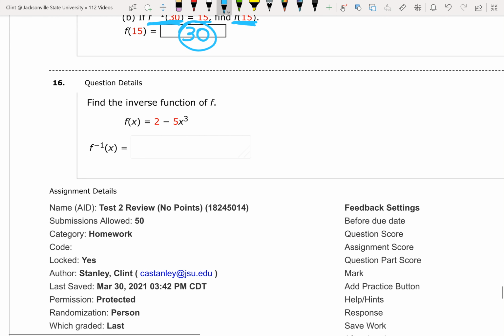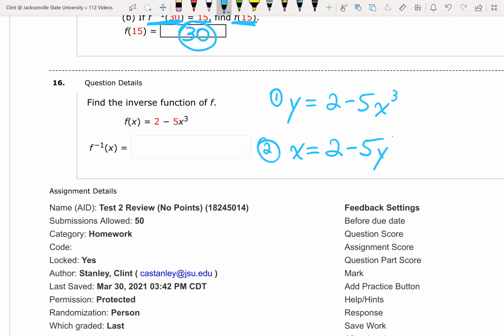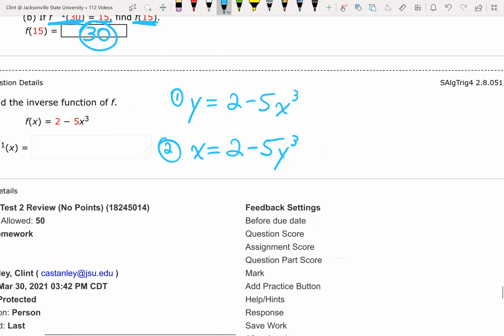16, last one, says find the inverse function of f. So remember, this is the one where we have several steps. So step 1, we're going to change f of x to y. Step 2, we're going to switch x and y. So we're going to have x equals 2 minus 5y cubed. Get us some more room here.